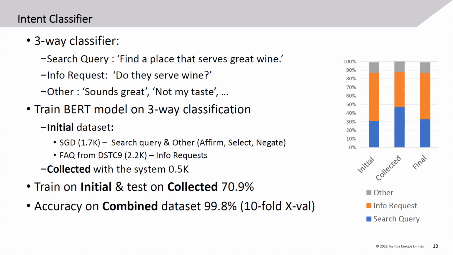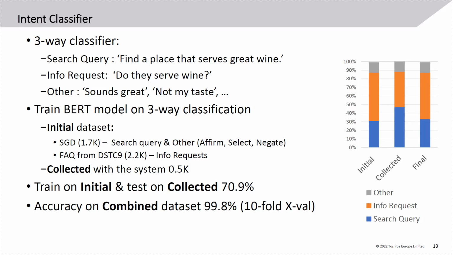So we combined the collected data, which we annotated, and the data from SGD and DSTC9, and that gave us good performance when we evaluated on a 10-fold cross-validation.